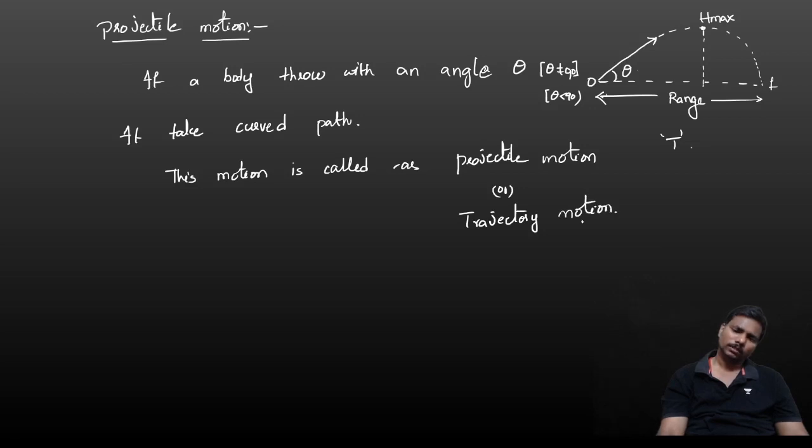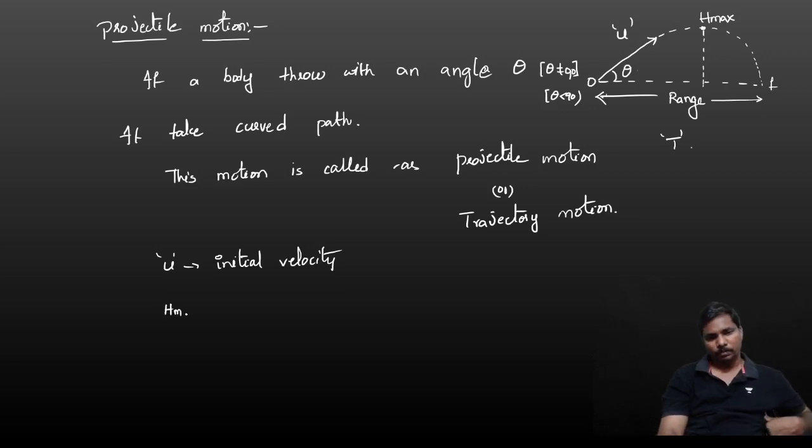Here u is the initial velocity, and H max is the maximum height.